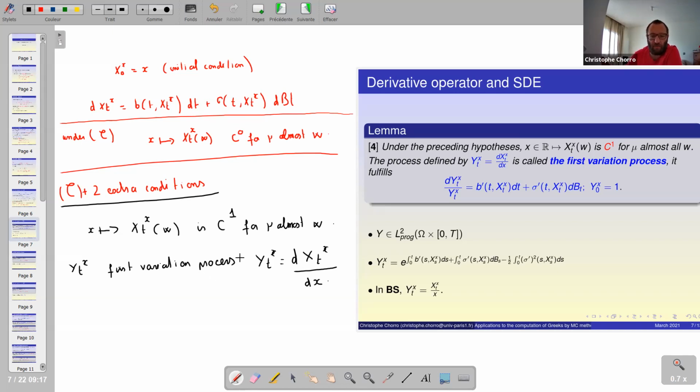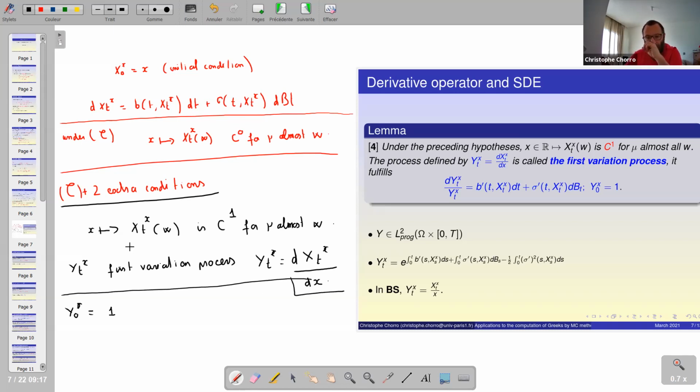Okay, so I have this one. The first thing I can remark is that Y0 of x is equal to what? So it's the derivative of X0 of x with respect to small x, that is equal to 1.